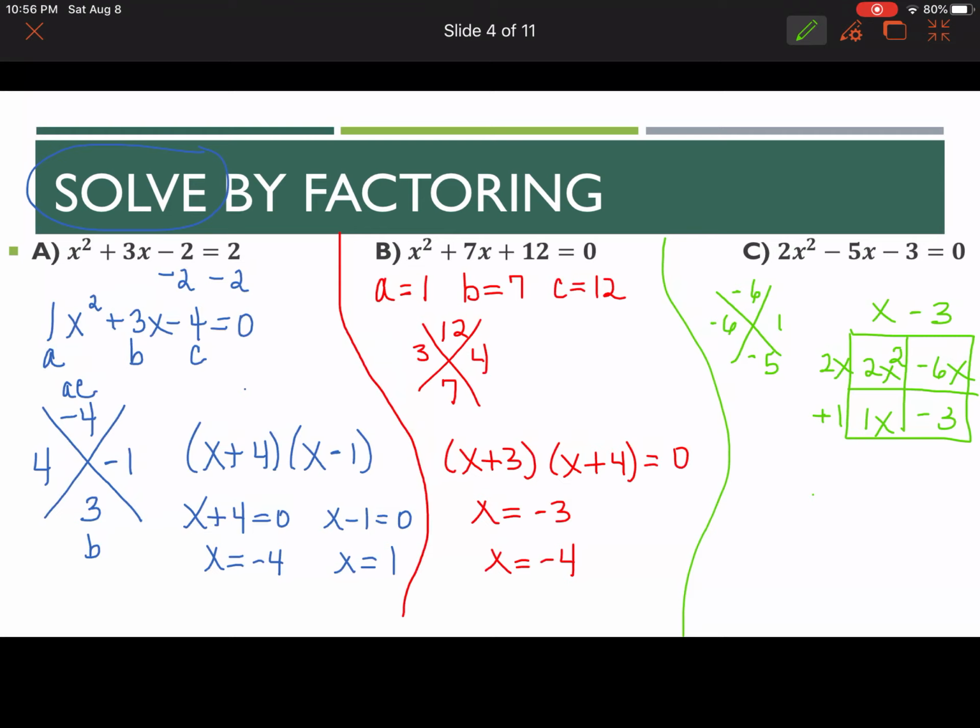Okay. And we get 2x plus 1 equals 0, and x minus 3 equals 0. And when you solve, our first solution is negative 1/2, and our second solution is positive 3.